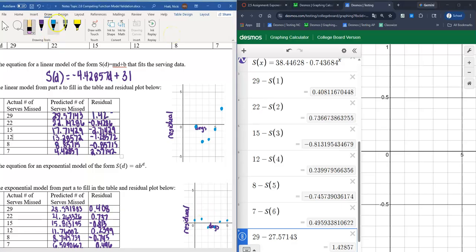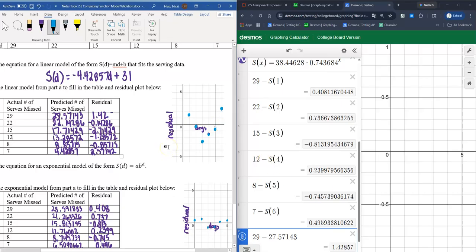So this dot is really right here, and the fourth dot is 0.28. Right there.